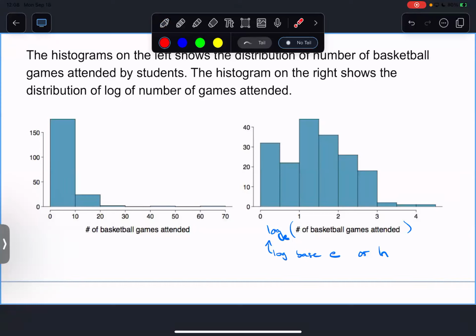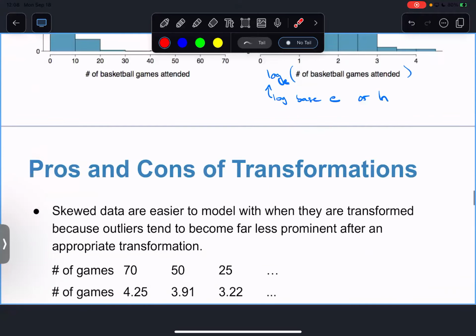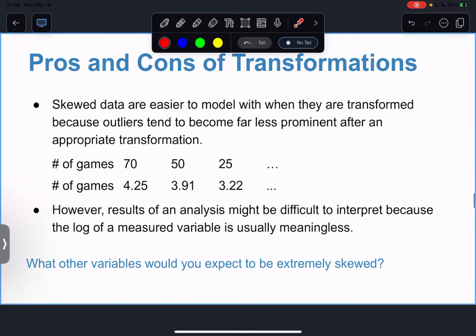What's the problem? The problem is I have to communicate to my client in terms of log base E. Oh, well, I took the natural log of the number of basketball games attended. That's really hard to communicate. And so for me, that's one of the reasons I try not to do any transformations, because interpretation becomes really difficult. I think there are pros and cons of transformations. Skewed data are easier to model, of course.